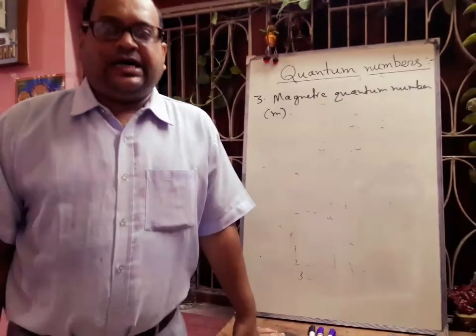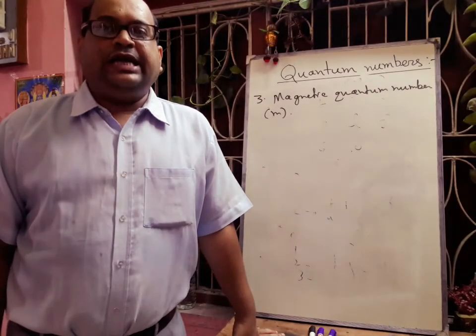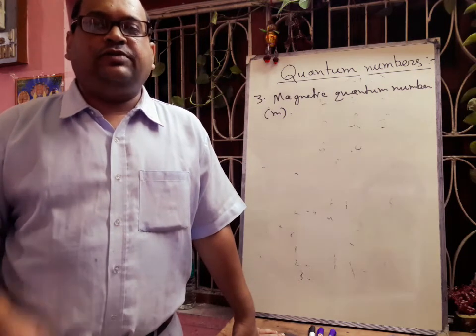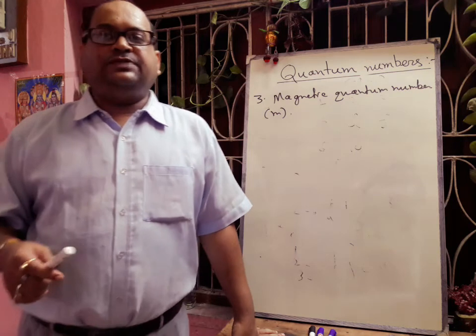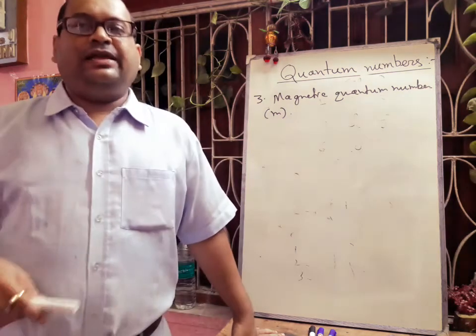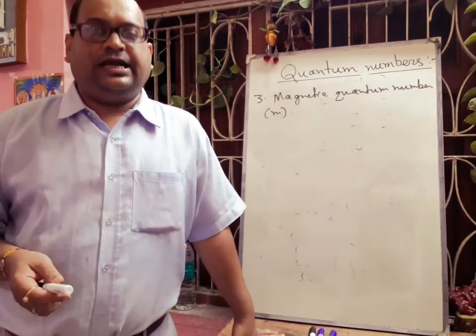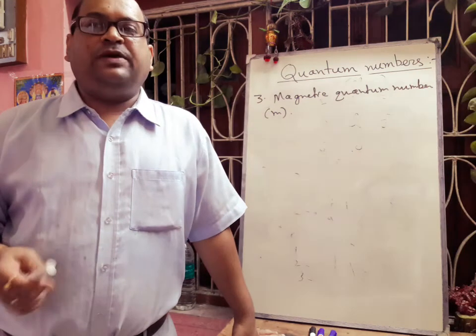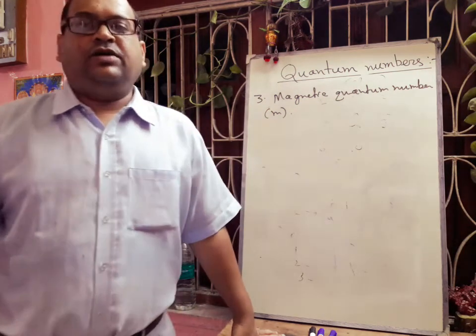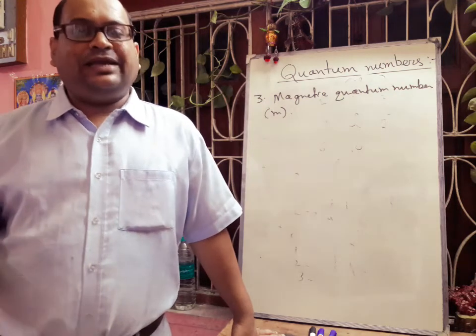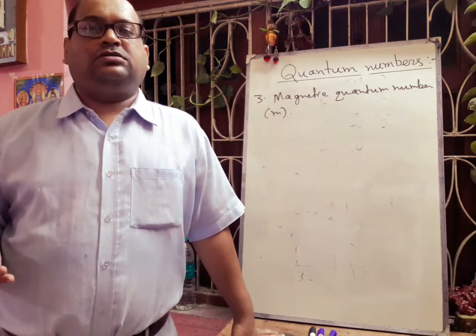It has been observed that a moving electron in a subcell is associated with a magnetic field. When an atom is placed in an external magnetic field, the orbitals of the same kind like px, py, pz orbitals are no longer identical in energy because some of them are parallel to the magnetic field while others are not parallel.